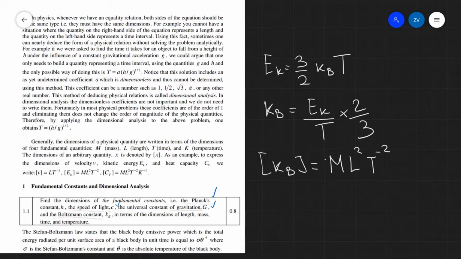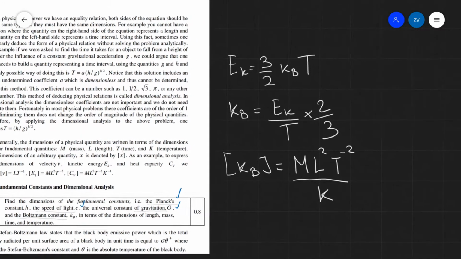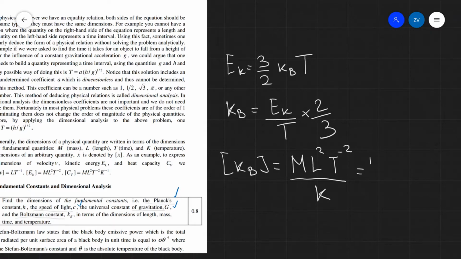The dimension and the unit for temperature is Kelvin. So this will be divided by Kelvin, and the way I'm going to write this is as M L squared T to the power of minus 2 Kelvin to the power of minus 1.